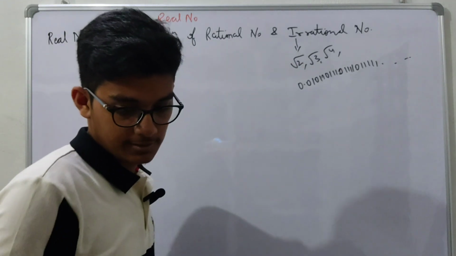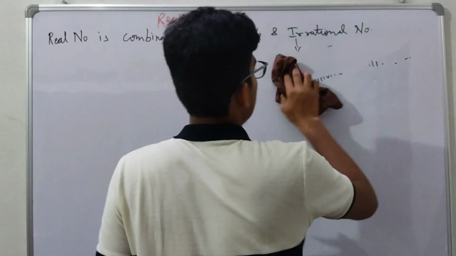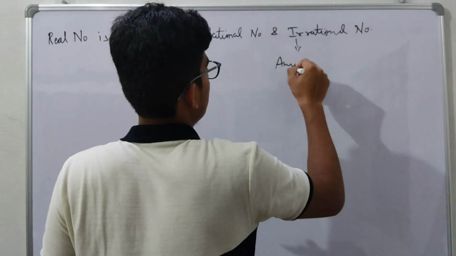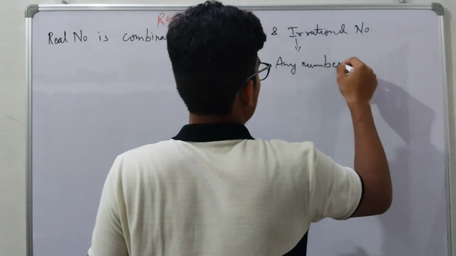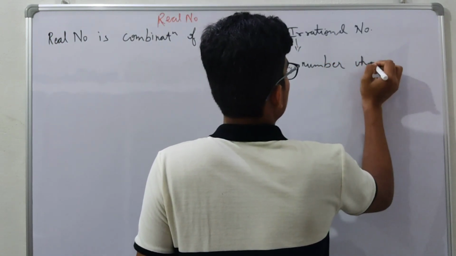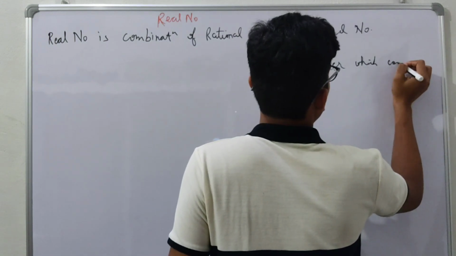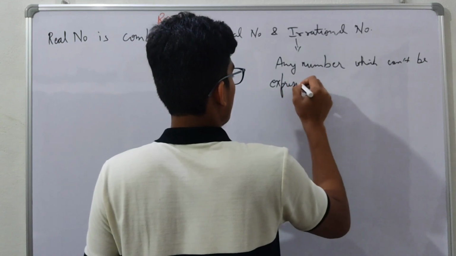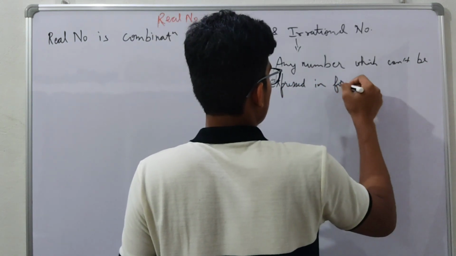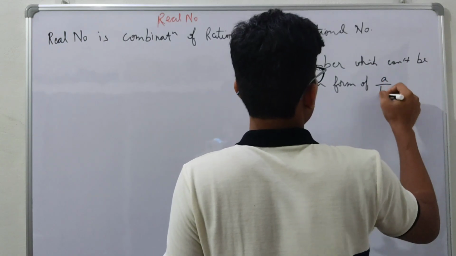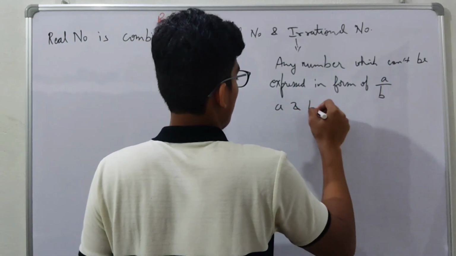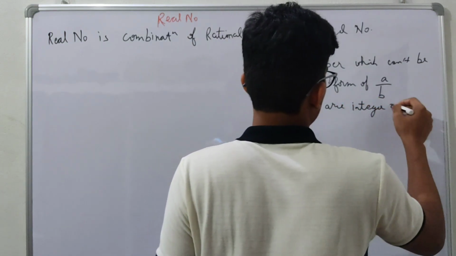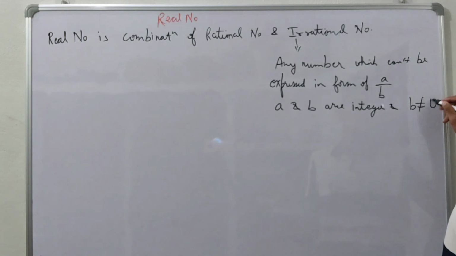If we go towards the definition of an irrational number, what will be the definition? An irrational number is any number which cannot be expressed in the form of a by b, where a and b are integers and b is not equal to 0.